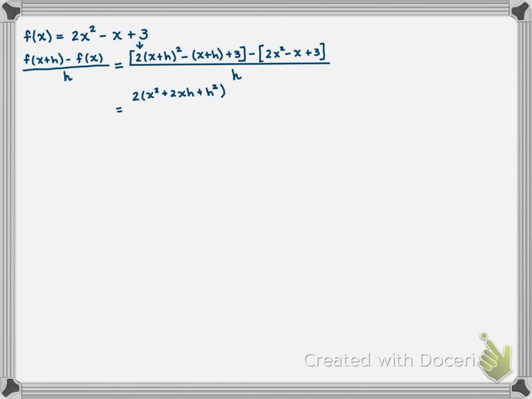And then I can't drop that second set of parentheses until I distribute the negative, right? And there's nothing I have to do before distributing the negative, so I'll just do that right away. And then I can drop the second set of square brackets if I distribute that negative. All over h.